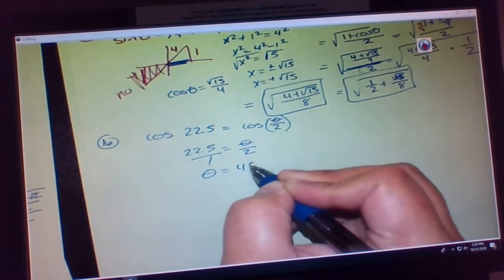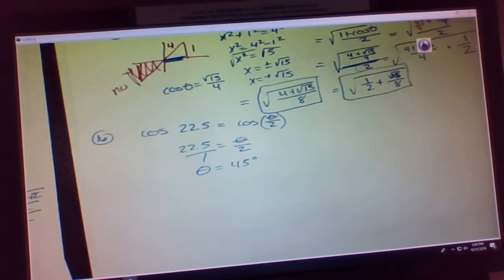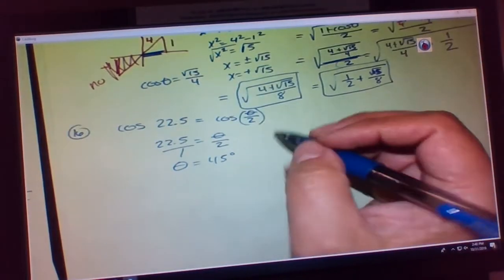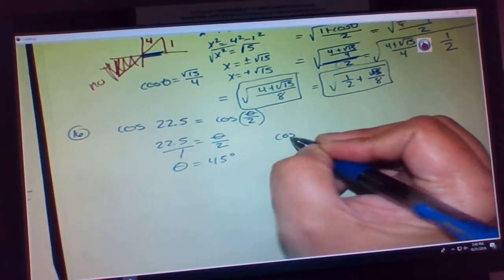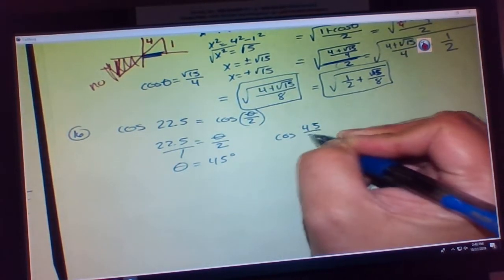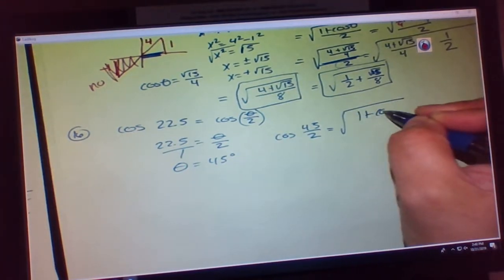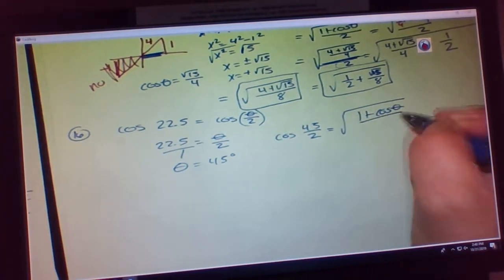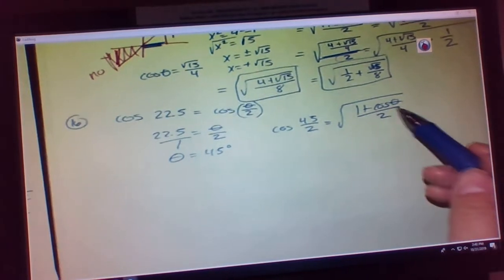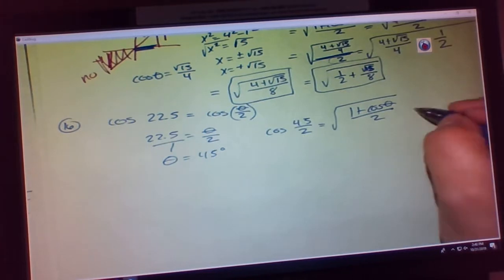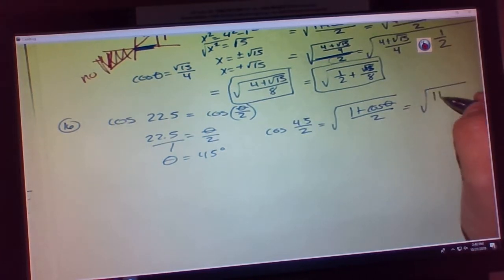It is 45 degrees. Alrighty. So knowing that this is really cosine of 45 over 2, which means 1 plus cosine of the angle over 2. But what am I going to put in here? 45. So this becomes 1 plus cosine of 45 over 2.